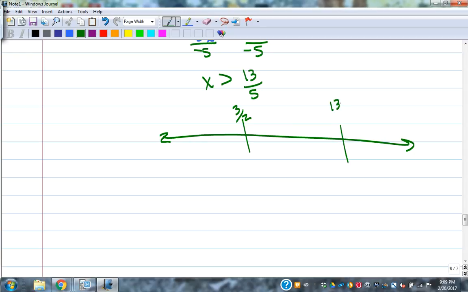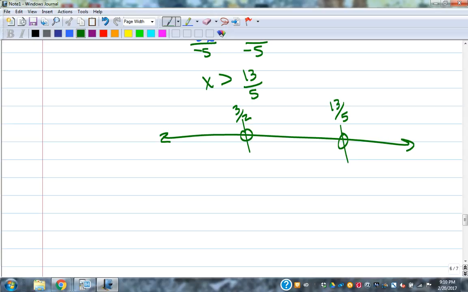And then 13 over 5 goes over here. What is it, filled in or open circles? Both of them? I know it's open on the 3 over 2 because it's a restriction. Restrictions will always be open. Very good. Because that's not equal to, it's open on the 13 over 5 as well.